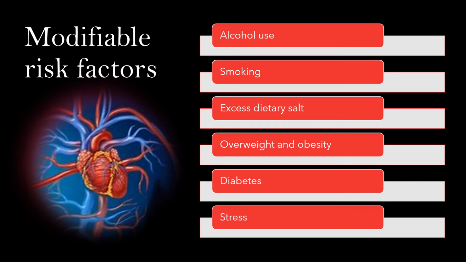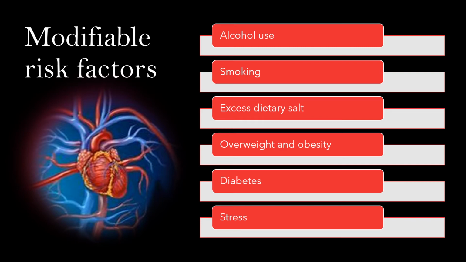Overweight and obesity kind of come with a sedentary lifestyle. You have to exercise. Limited exercise causes a buildup of cholesterol in your blood vessels, which tends to thicken your blood vessels and causes pressure in them.